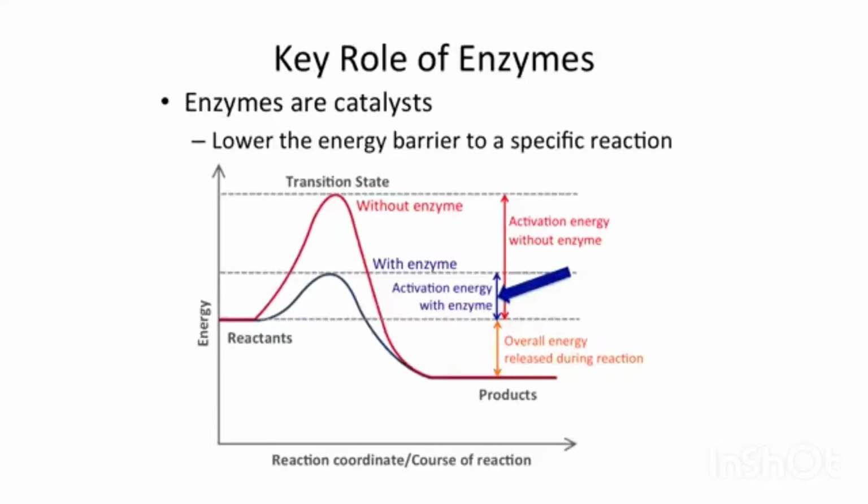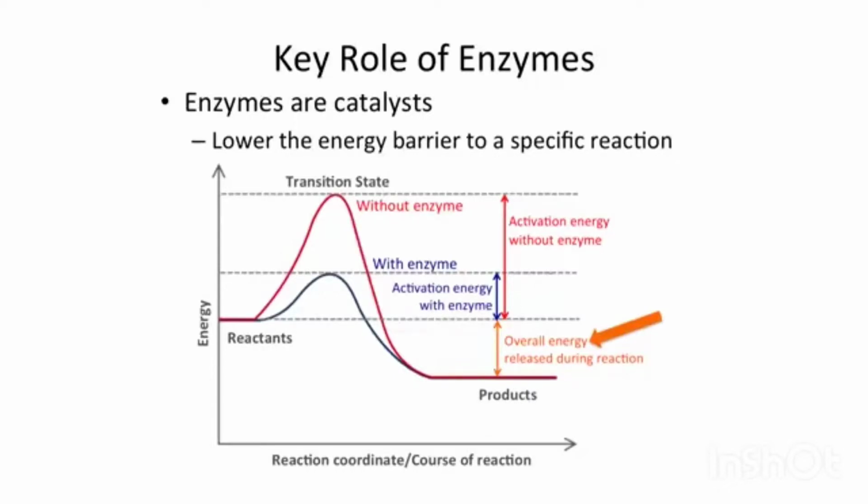And so reactions that are very slow without the enzyme, because transition state determines rate, the activation energy determines the rate of a reaction, you can very significantly enhance the rate using enzymes. Note, however, that the overall energy that's released during the reaction is the same, independent of whether the enzyme is present or not.